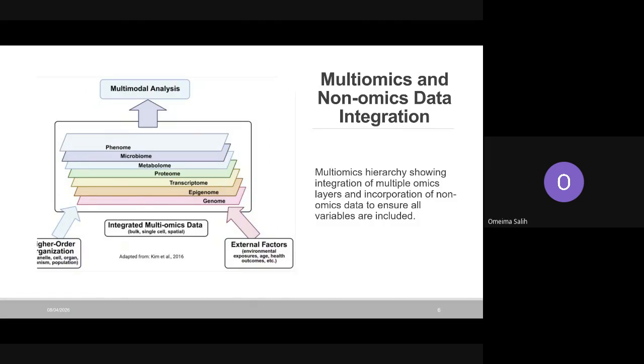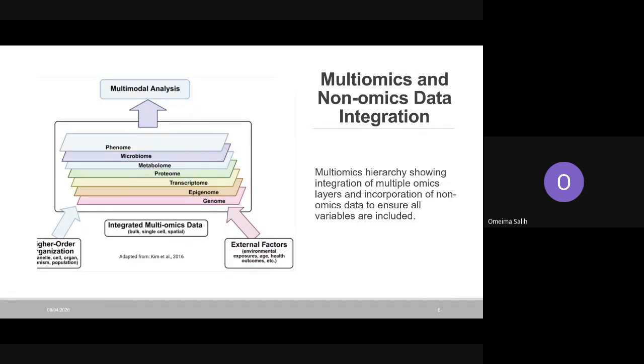So other non-omic data you need to integrate in your study, and this is really one of the challenges. You need to define these external factors and how they affect which layer of this multi-omic approach is greatly affected by external factors.